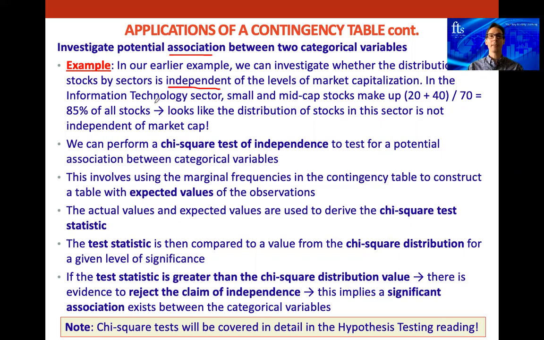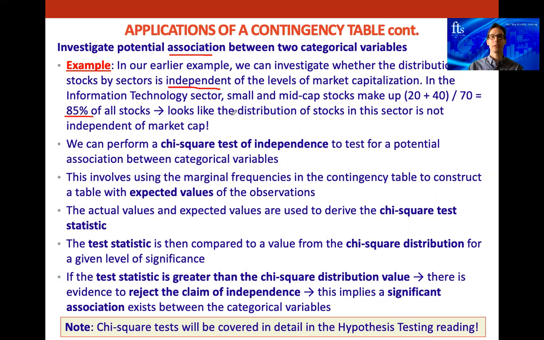If we take the IT sector and go back there, you can see that the small cap stocks in the IT sector were 20 and the mid caps were 40. This means that 85% of the stocks in the IT sector are small and mid cap stocks.